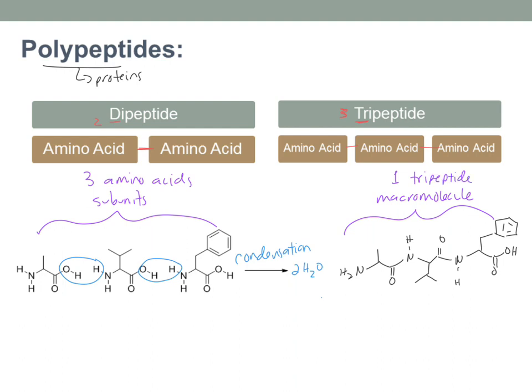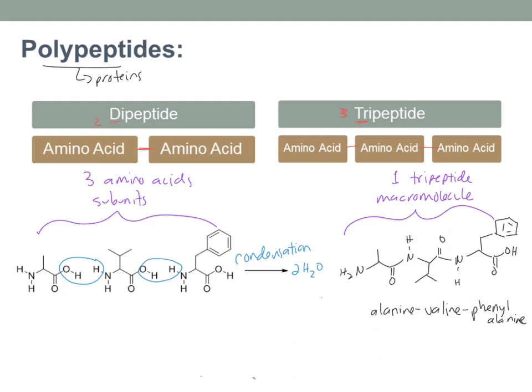It's a tripeptide because I took 3 amino acids and combined them together. I still have those 3 things. And as you're reading the book, you refer to the peptides by naming them in their order. So this would be alanine, valine, phenylalanine tripeptide.